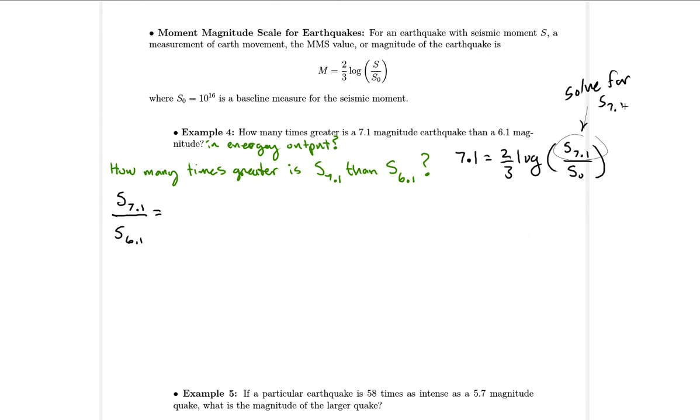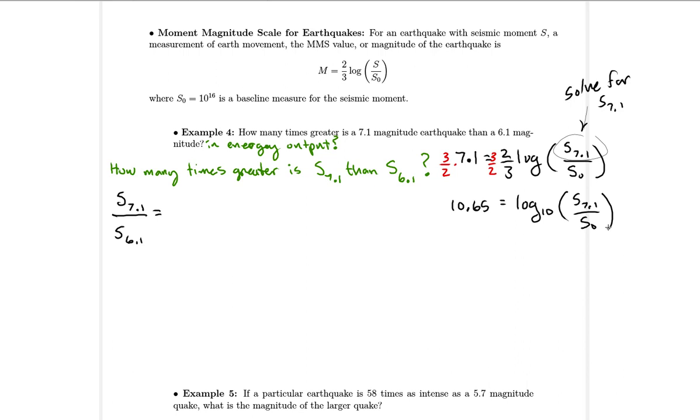I can do that because, first of all, I can multiply by 3/2 on each side. So when I multiply by 3/2 on each side, what I end up with is 10.65 on the left is equal to the log, and remember it's base 10 if it's not written there, of S of 7.1 over S0.